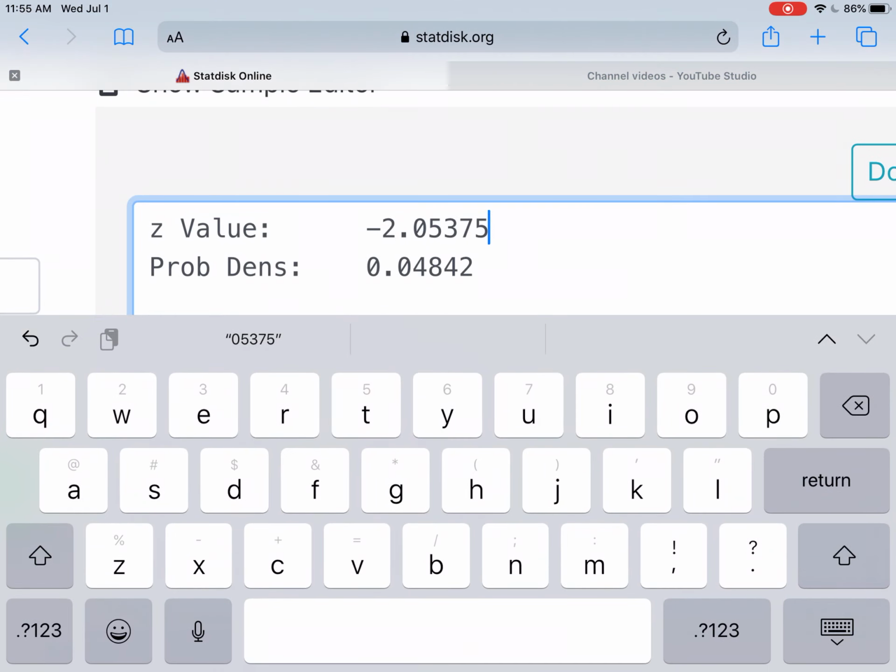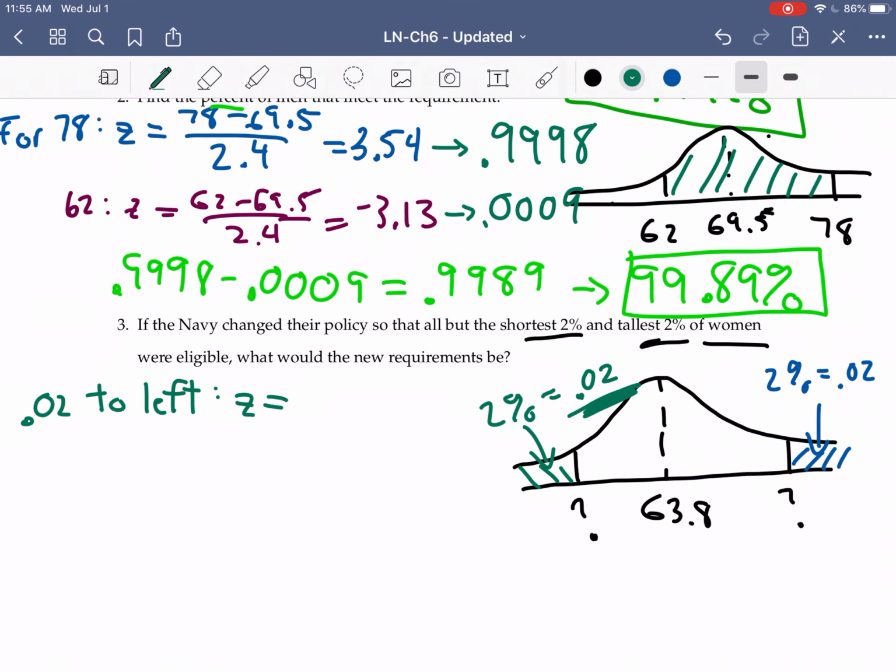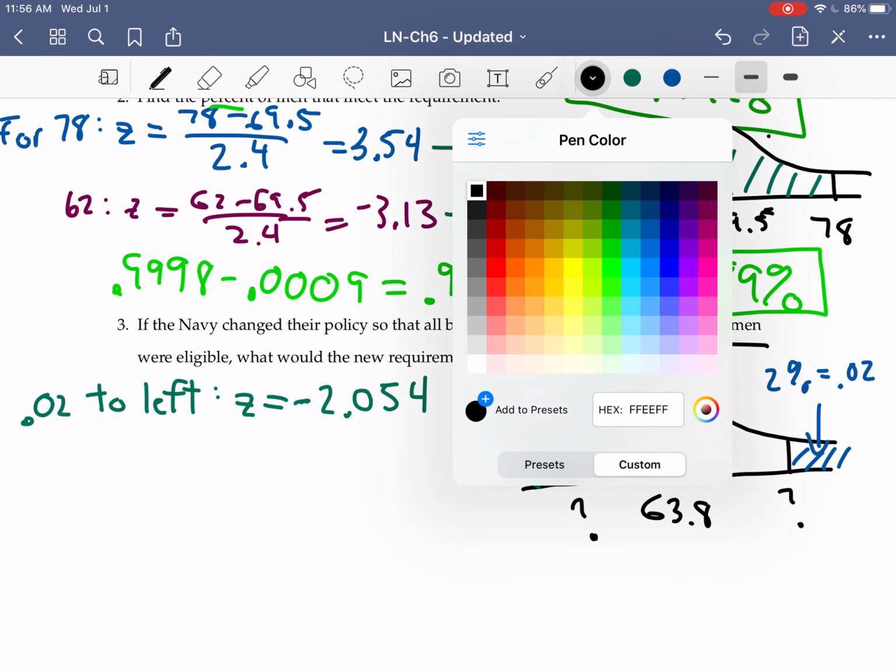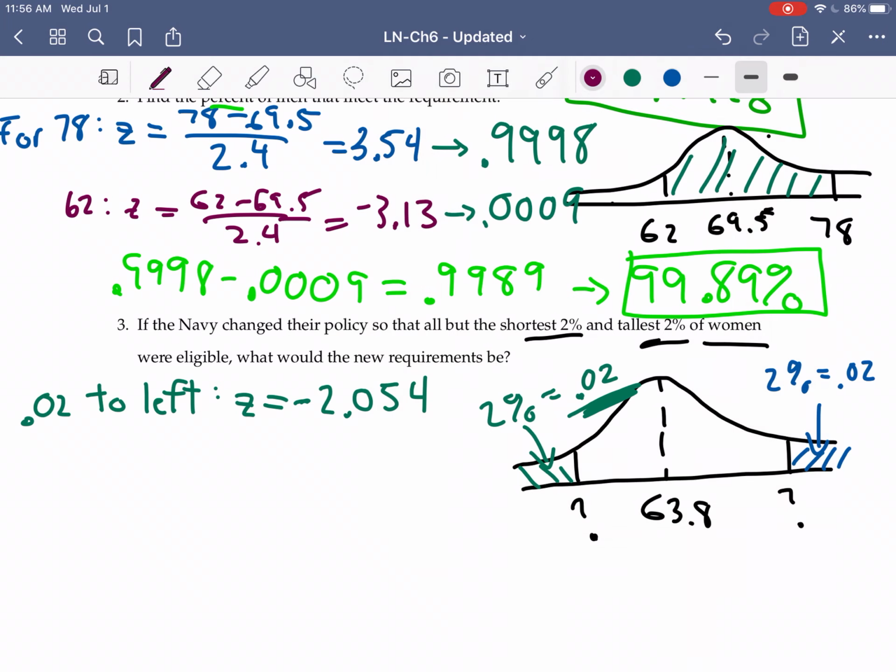Over here it will spit back a z-value. Our z-value is negative 2.054. Is the z-value the data value? No. To convert from a z-value to a data value, remember that we have our z-score formula.